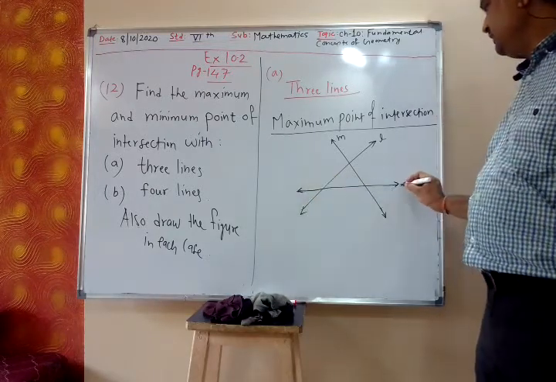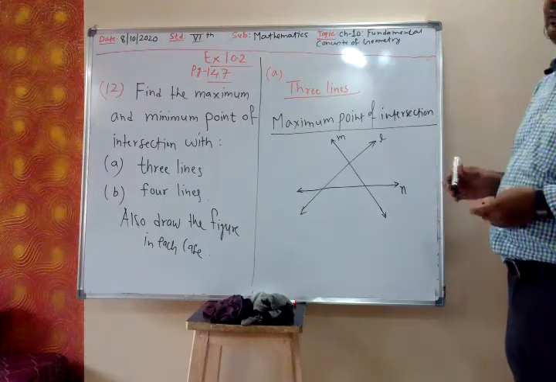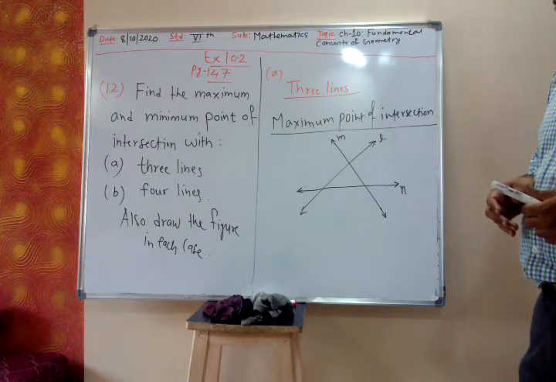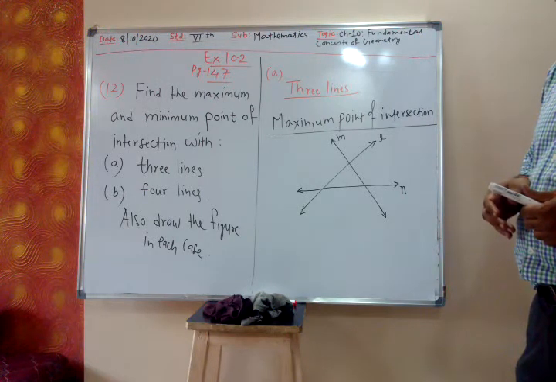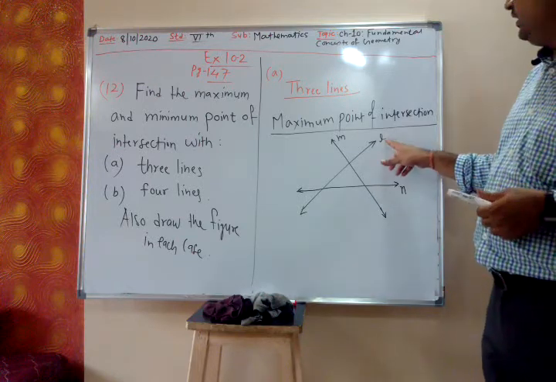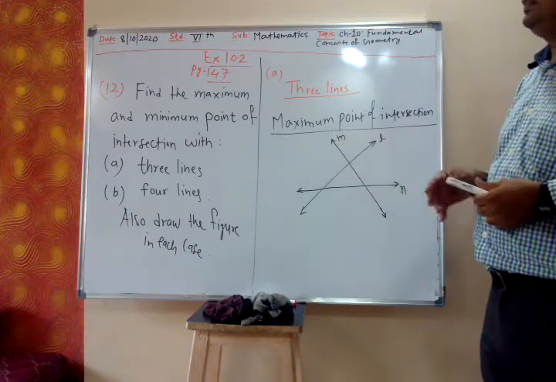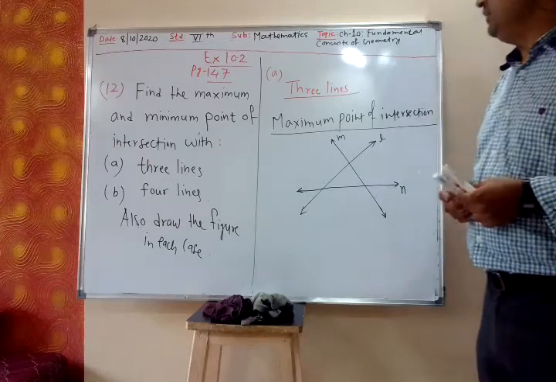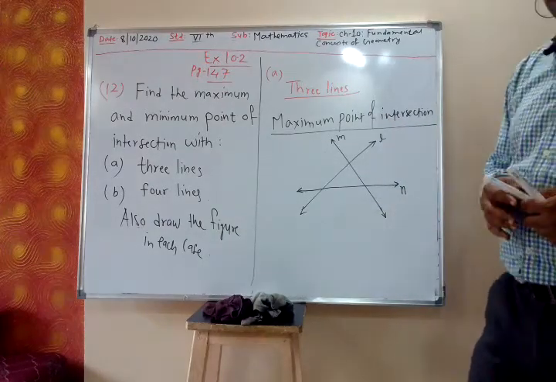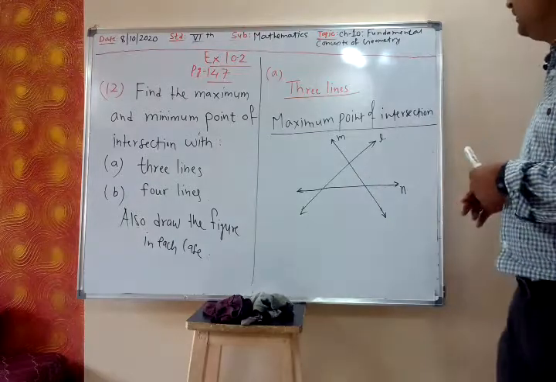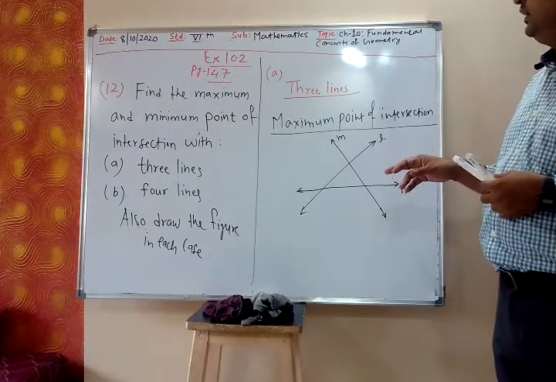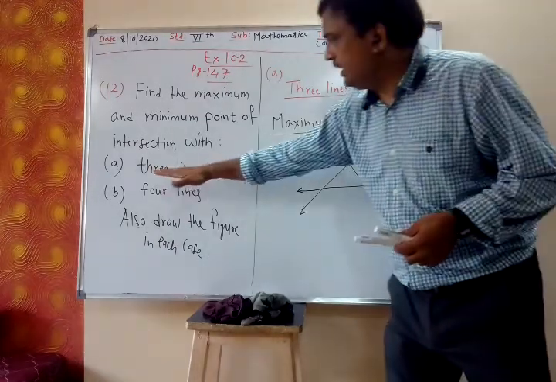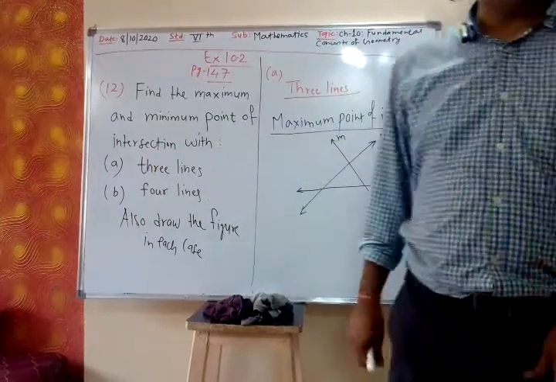This is my line L. So there are 3 lines: L, M, and N. No, A is the 3 lines case; I am solving the A part.